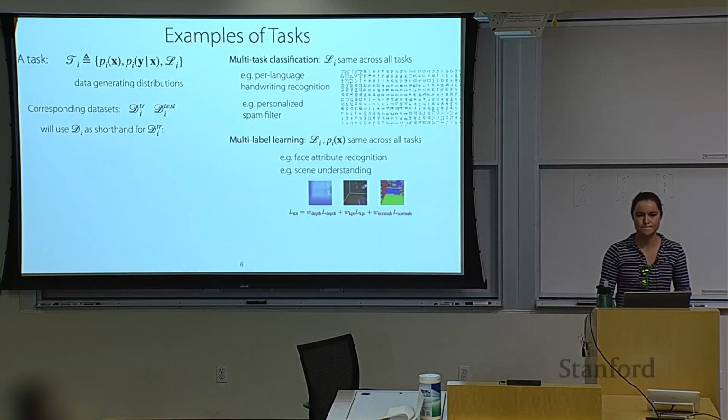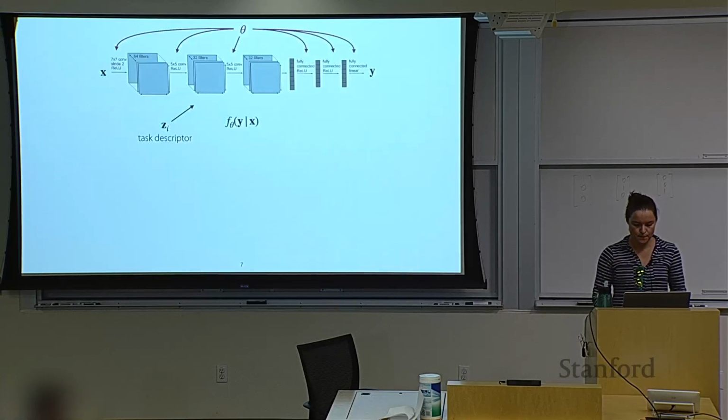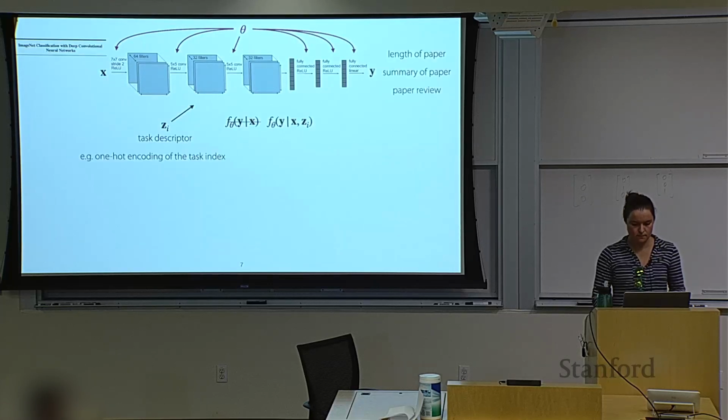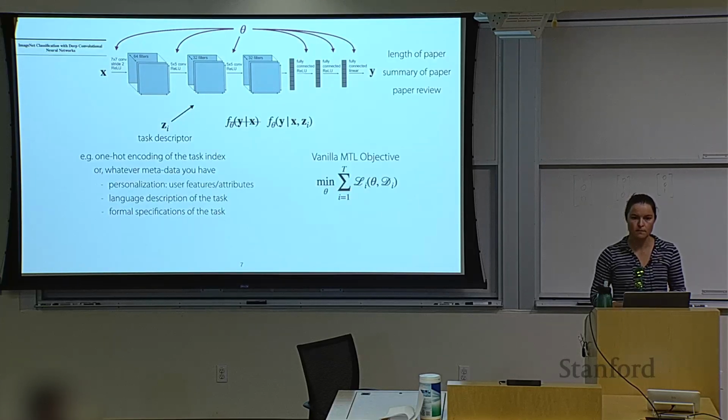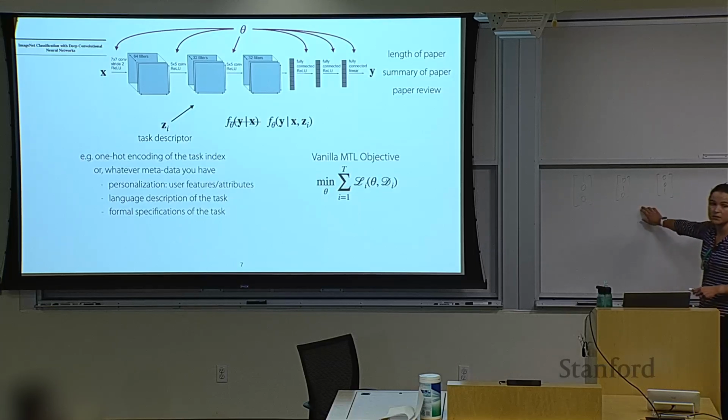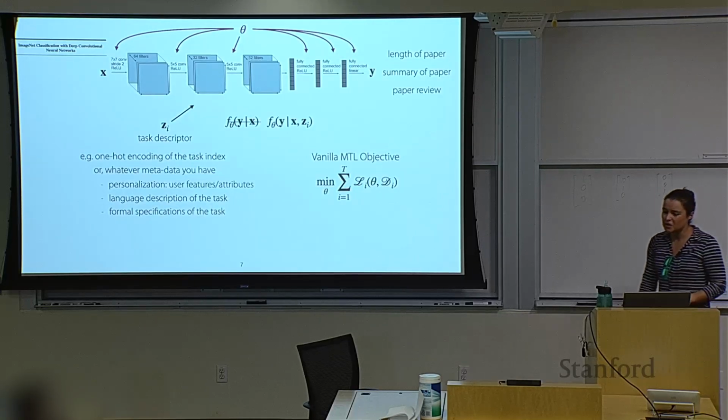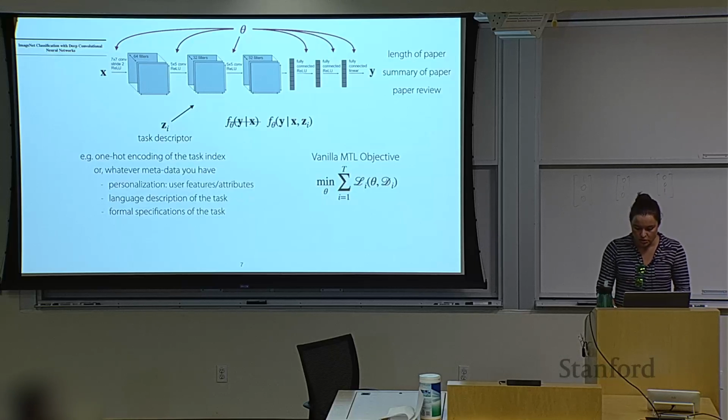Yeah? You mentioned a task descriptor. There are often data sets where you don't get the task description. What happens then? Yeah, so you might have a data set where you don't have the task descriptor. In that case, you can just go with the basic one-hot encoding, assuming that you at least have some sort of differentiation between the tasks. It's also possible that in some cases, you might be able to tell what the task is just from the input.